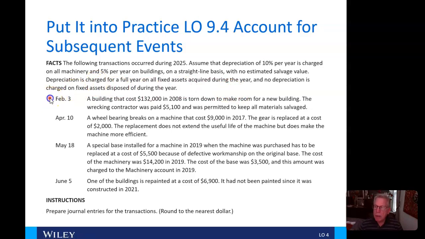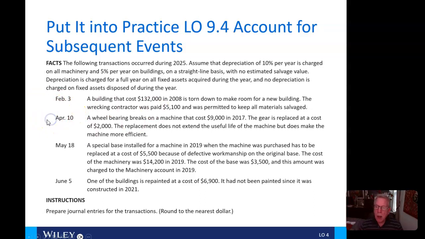Okay, February 3rd, a building that cost $132,000 in 2008 is torn down to make room for a new building. The wrecking contractor was paid $5,100 and was permitted to keep all materials salvaged.